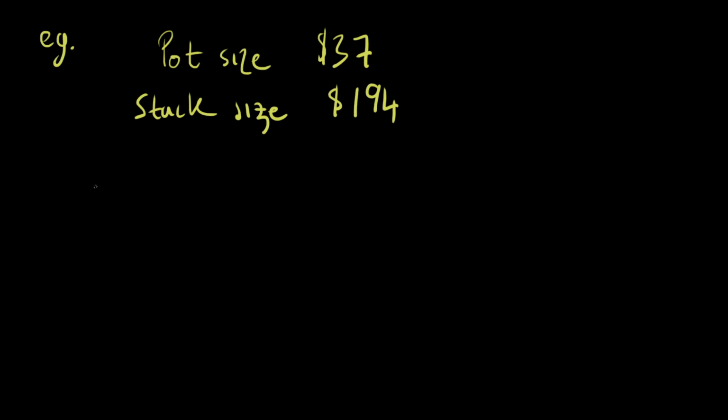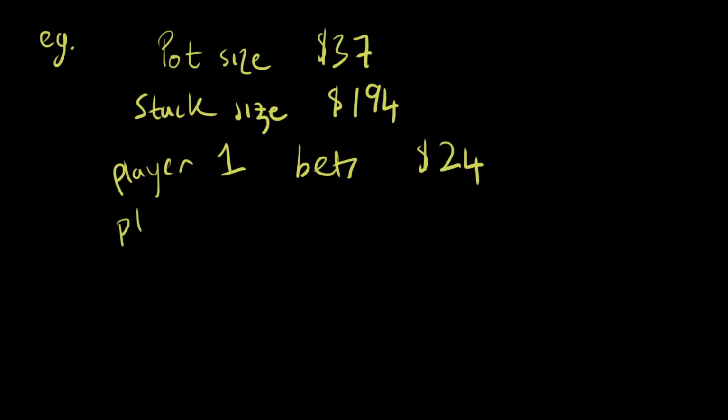Now the first player, player 1, bets $24, and then player 2 raises all in. So they raise all in, and we're asked to calculate what the pot odds are for the raise.